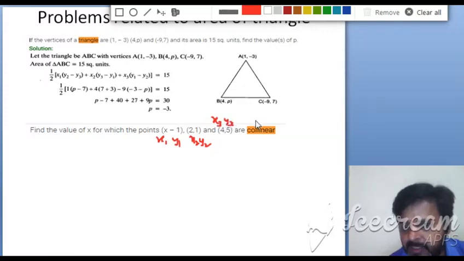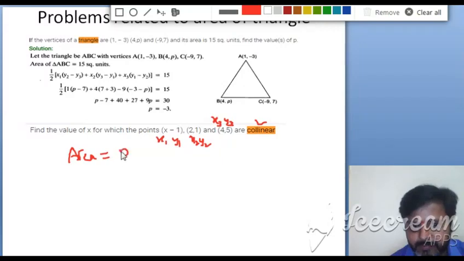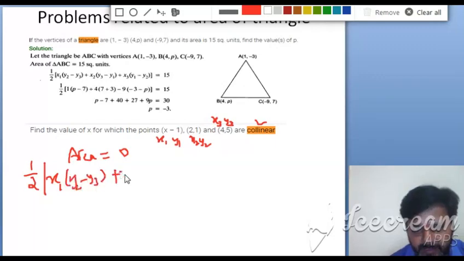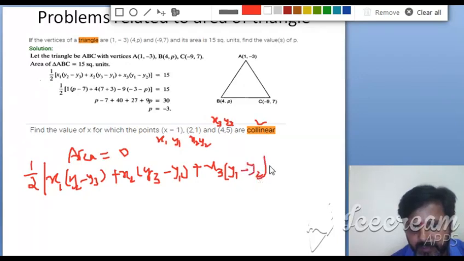So I will use the area of triangle formula, half into x1 into y2 minus y3 plus x2 into y3 minus y1 plus x3 into y1 minus y2. It should be equated with 0, because the points are collinear, so the area of the triangle is equal to 0.